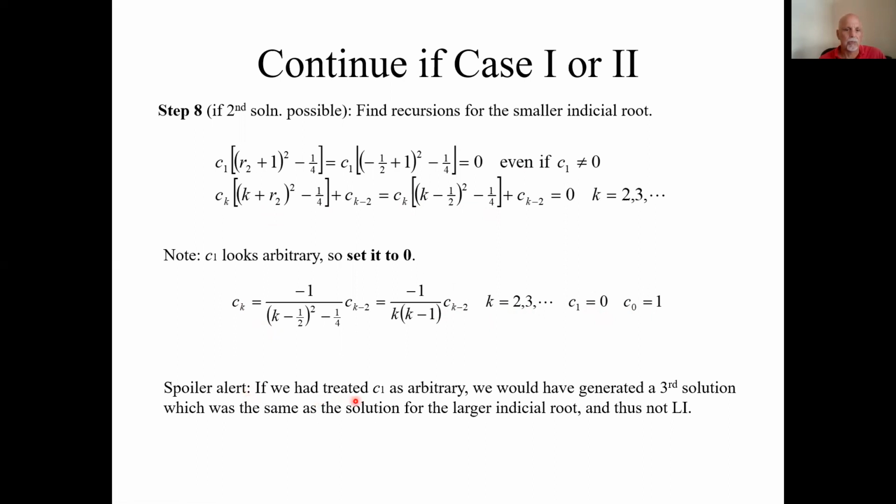And I'll just tell you, if we treated it as arbitrary and did the 1, 0, 0, 1 trick, we'd get 2 solutions out of this, but one of them would match what we already found with the larger initial root. So it's not linearly independent of it. So we would have just created extra work for ourselves and not found any new linearly independent solutions. We only get 2 at most.